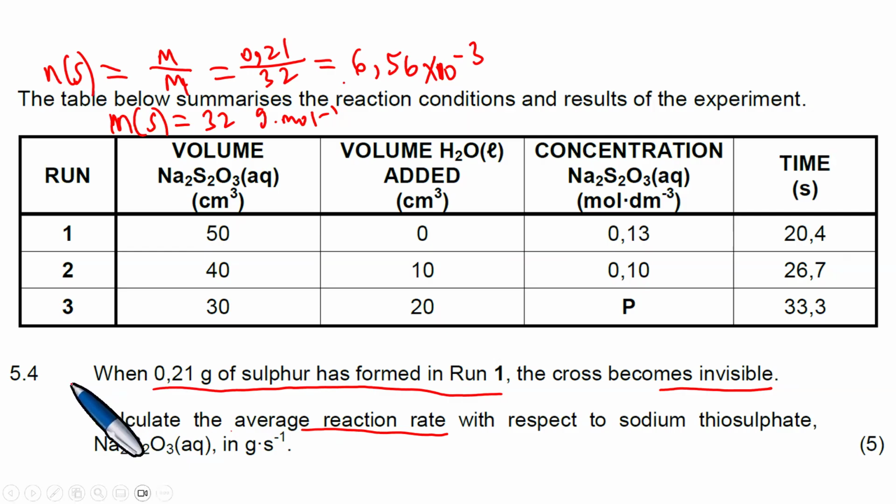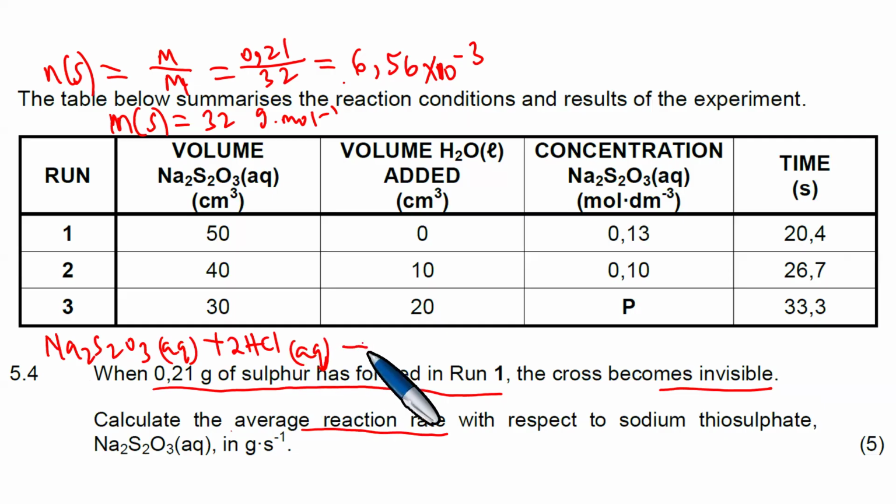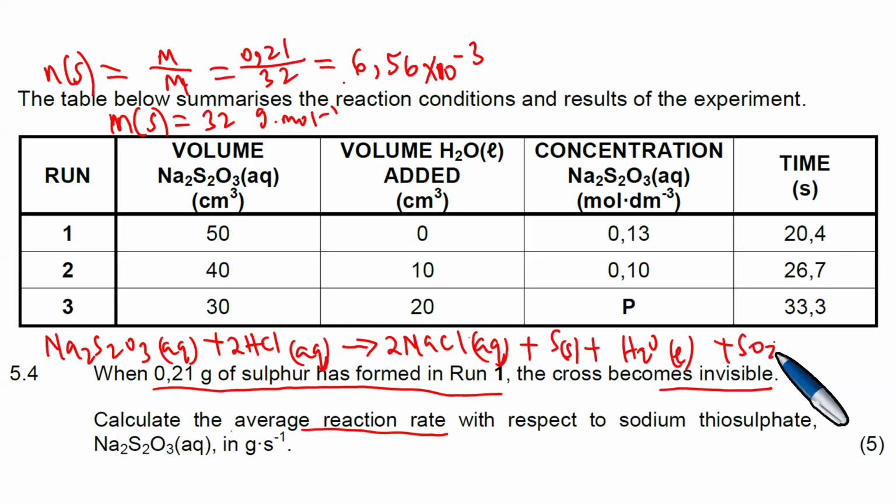We know that Na2S2O3 aqueous plus 2 HCl aqueous gives 2 NaCl aqueous plus H2O liquid plus SO2 gas plus sulfur.